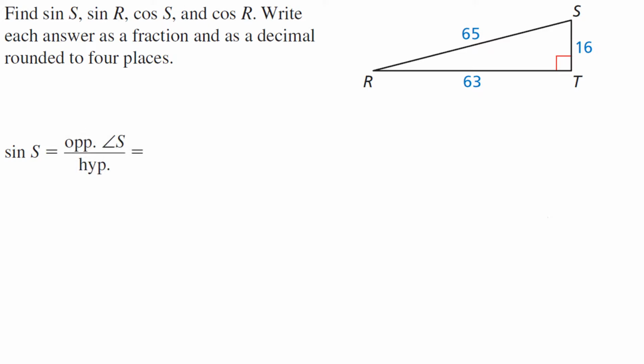Sine is always opposite over hypotenuse. 63 over 65. That fraction will not reduce, but we can convert to a decimal equivalent by doing 63 divided by 65 with a calculator.